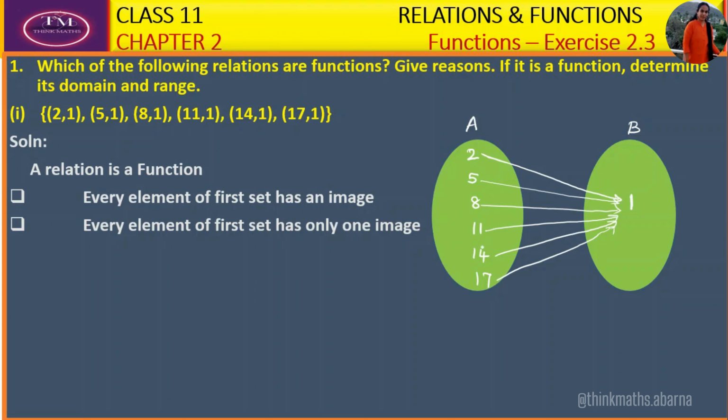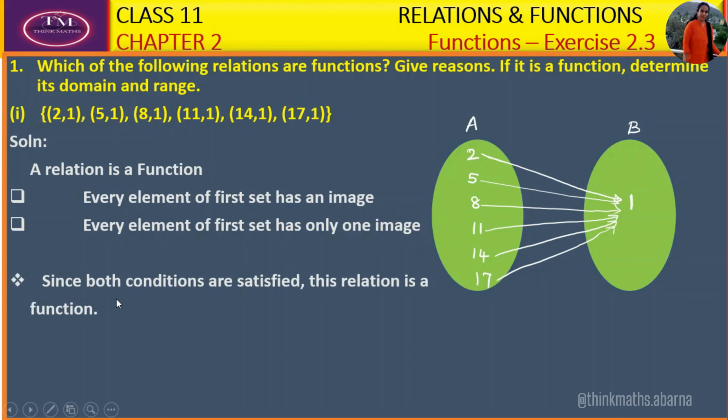Here, each element has only one line, so it has only one image. Both conditions are satisfied, so this relation is a function.